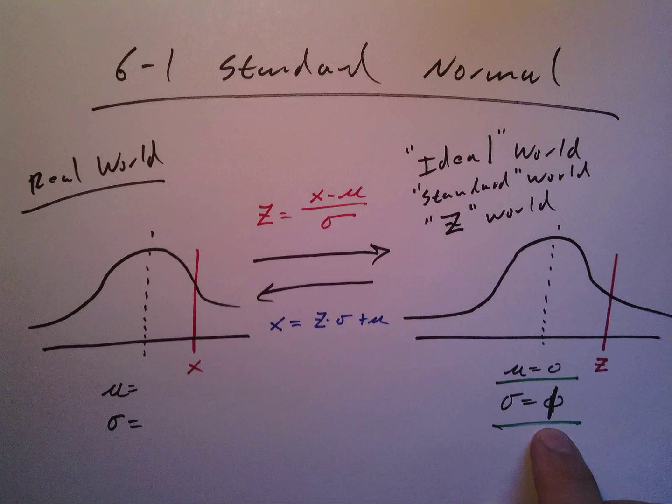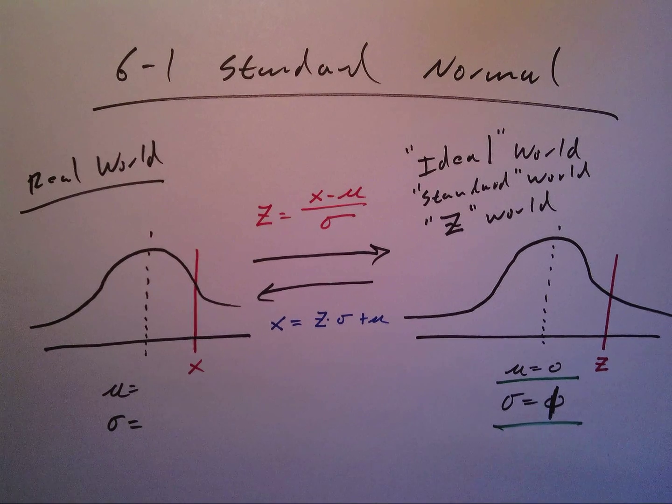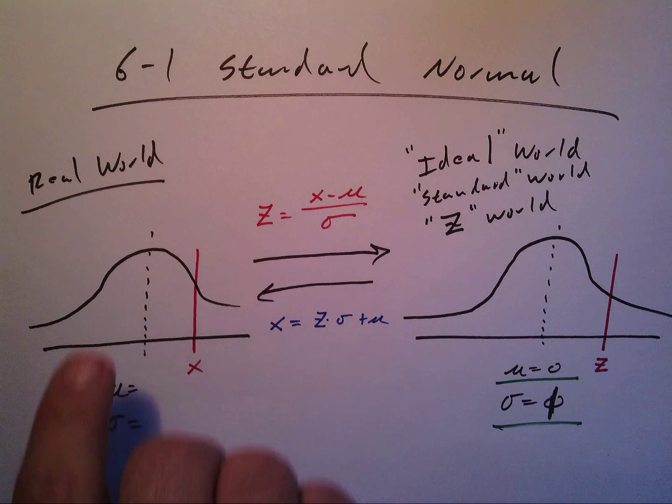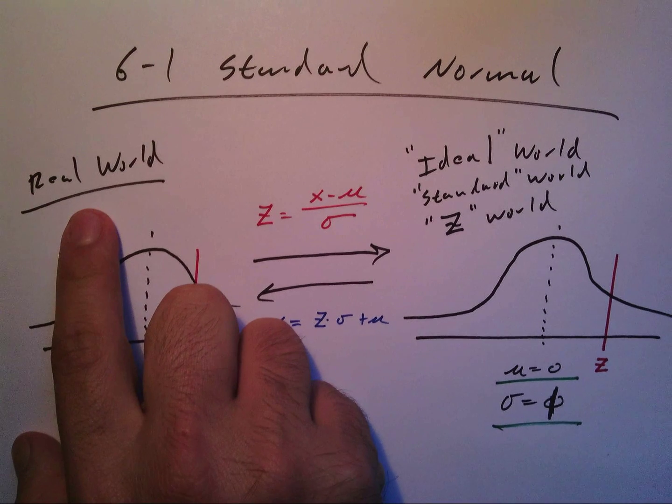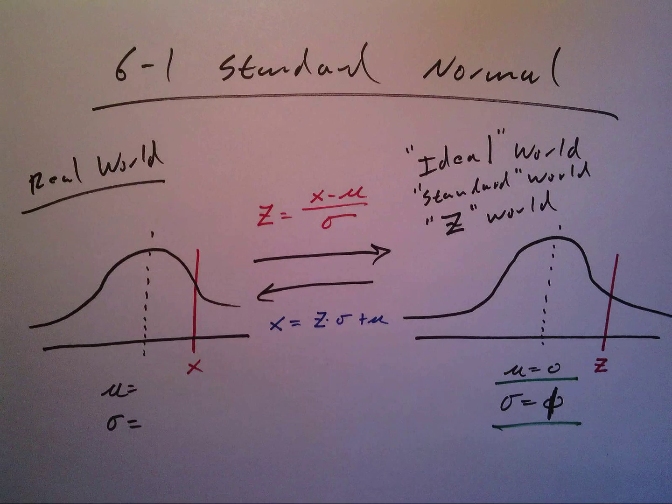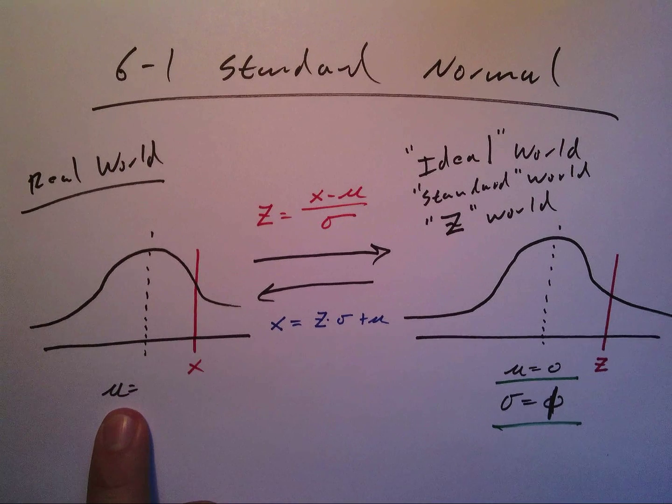The standard deviation, the spread of the data, the variance, because the square root of 1 is 1, is 1. Now, the real world information, more specifically what we're going to be looking at in 6.2 when we have the applied problems, where we're going to be doing most of our work for the rest of the class. In the real world, your mean, your sigma, could take on any value at all.